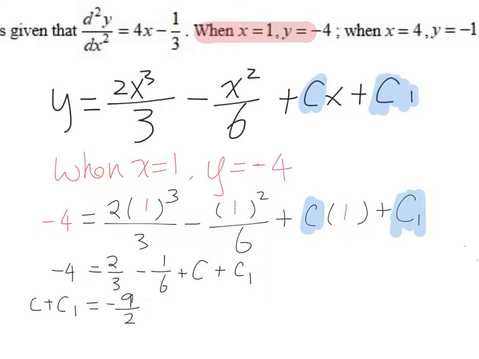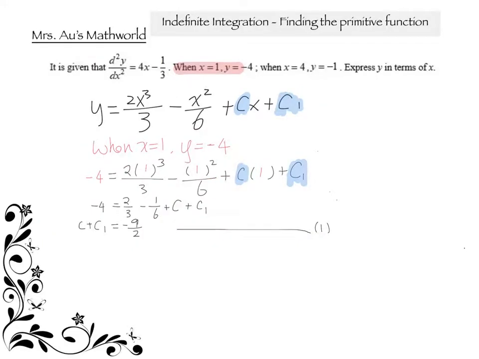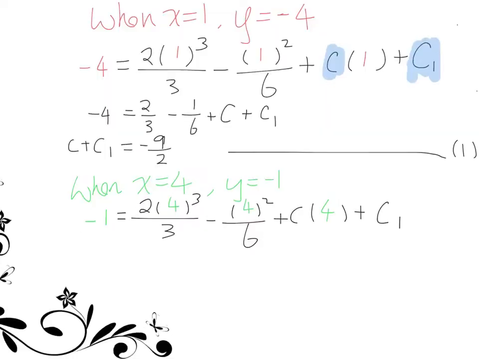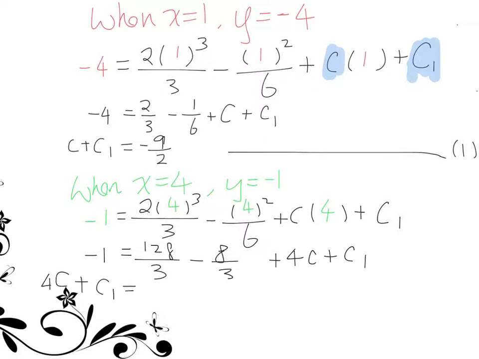You get equation 1 here. Let's do it similarly for equation 2, where we substitute x equals 4 and y equals -1. Then we simplify it, and you will get 4c plus c1 equals -41. That is equation 2.